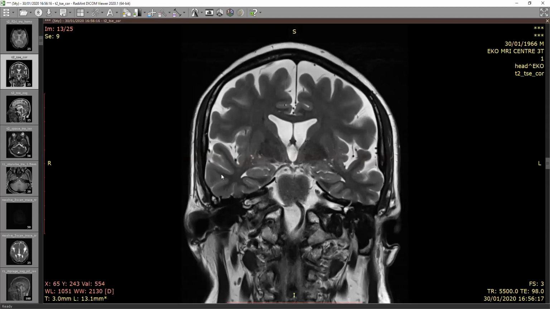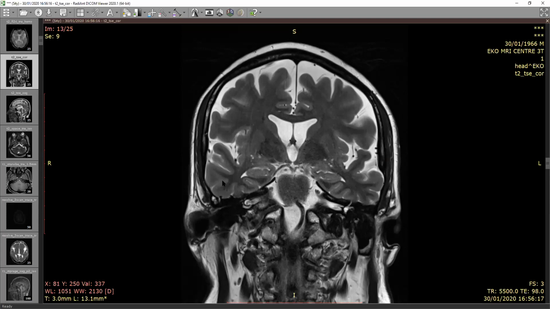Look at this area or this area. The gray matter now appears a little whiter compared to the white matter, which appears much darker in intensity. So there is a flip of the intensity of the gray matter and the white matter, and it sort of reverses.